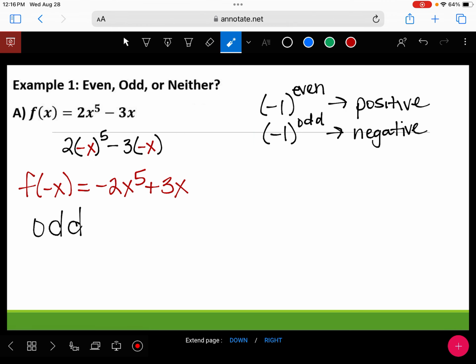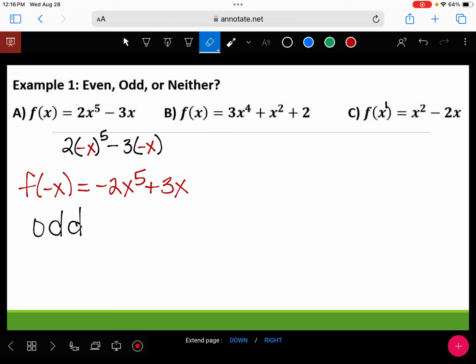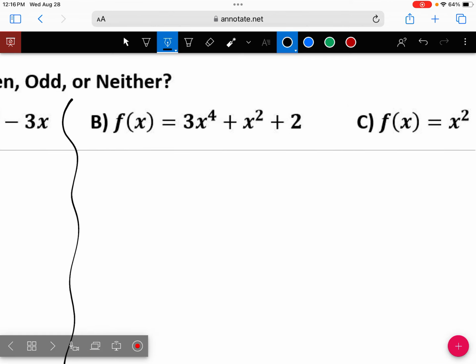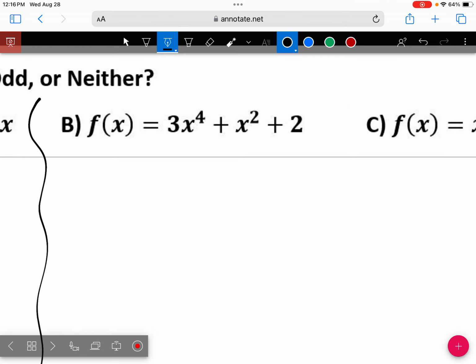All right, so let's look at part B. Go ahead and copy down B. Again, we're going to find f of negative x.